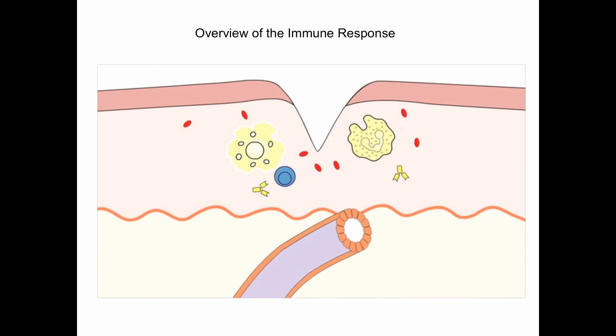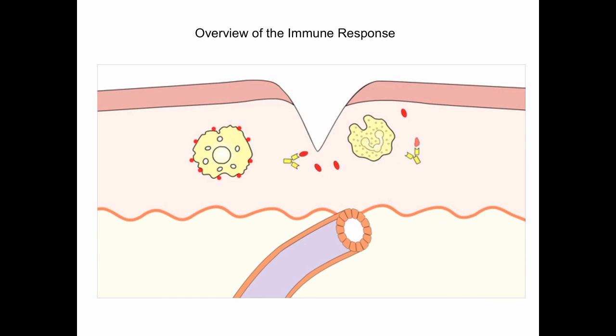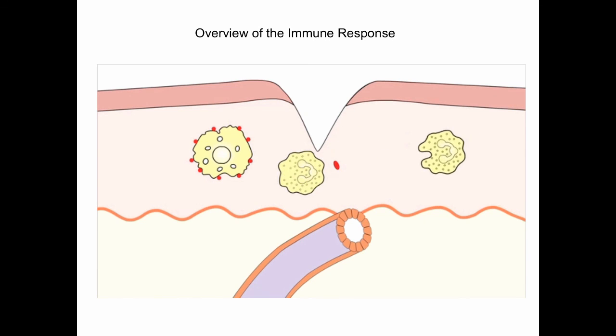CD4 T cells activate macrophages to become more cytotoxic, while antibody recruits complement to lyse bacteria directly and to opsonize them, enhancing their uptake by phagocytes. In the case of a viral infection, activated CD8 T cells would kill any infected cells present.